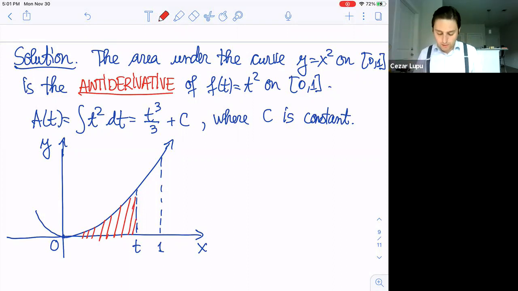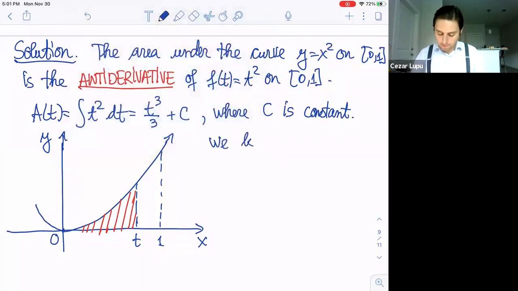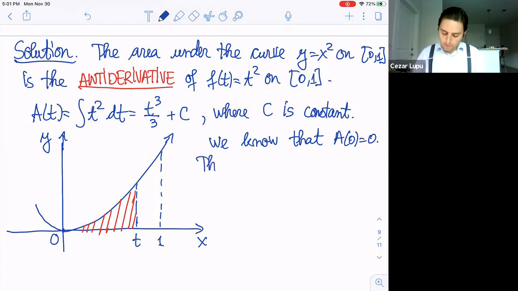As you can see, we know that A of 0 is 0, and thus it implies that A of t is t cubed over 3 plus c.